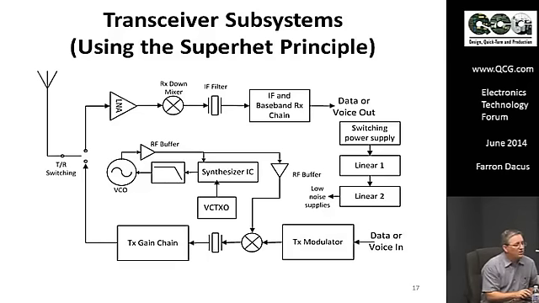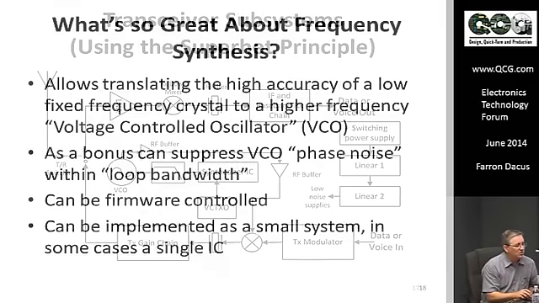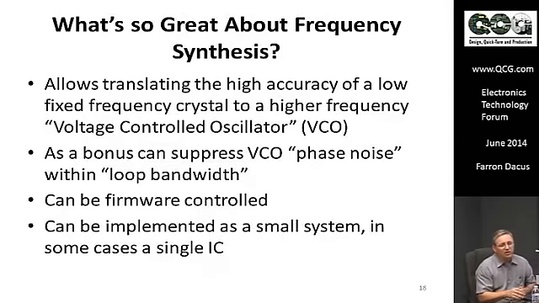Okay, so I kind of covered this. I can go into a little more detail about what's so nice about frequency synthesis, but basically you get any frequency you want with crystal accuracy. And you get VCOs that are noisy, and a side effect of synthesizers is that within their noise bandwidth they will suppress the noise of a VCO, because it's a feedback control system, and if it sees frequency variation, noise is frequency variation, it's going to counter that.